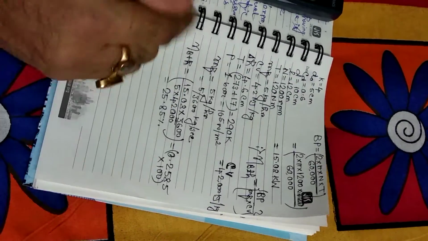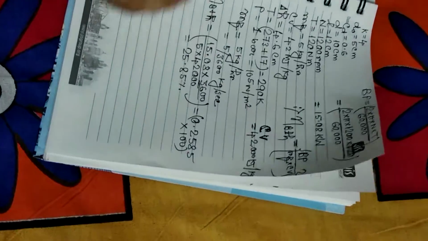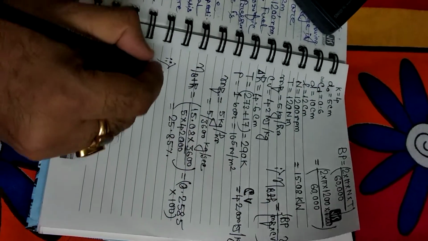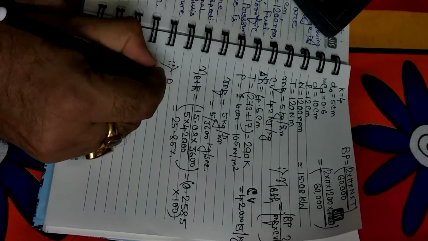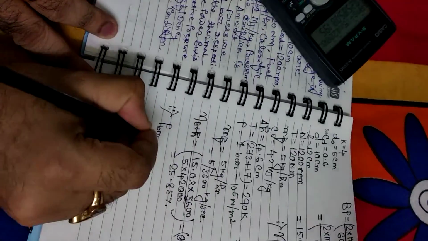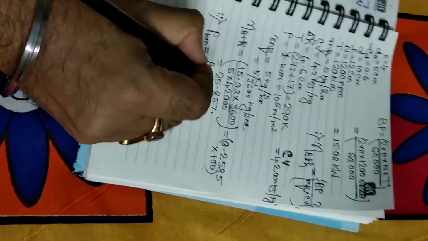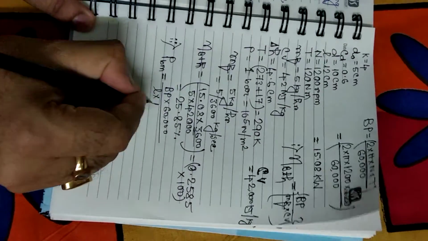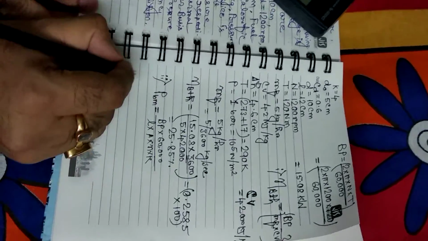Now coming to the second case, that is brake mean effective pressure. So brake mean effective pressure, PBM equals to BP into 60,000 divided by L into A into N into K. This is the formula.